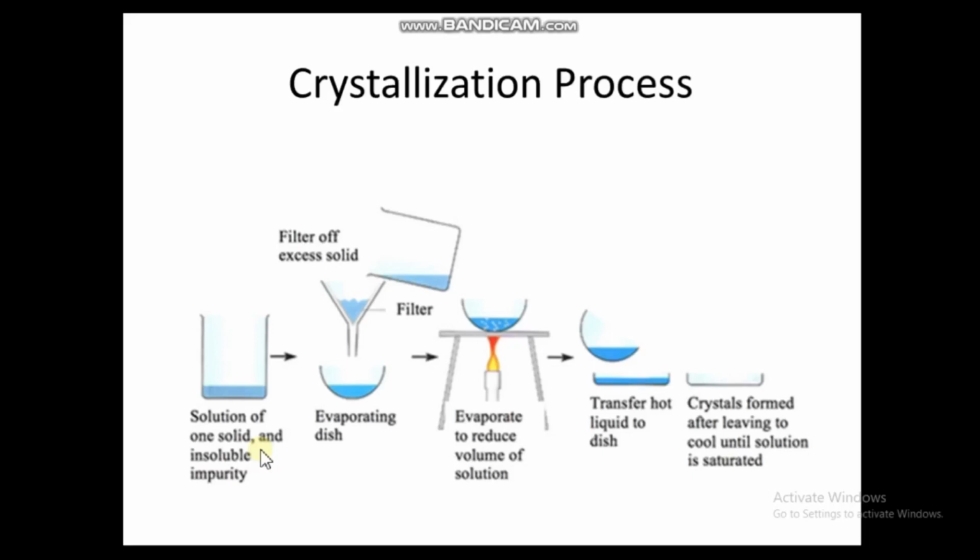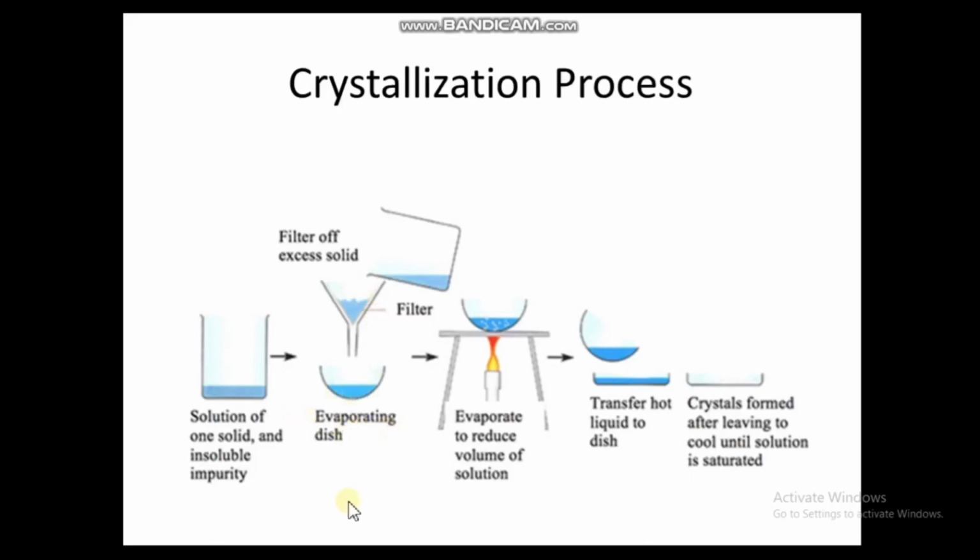Firstly we have to follow some steps. First we filter it with the help of filter paper, and we collect the solution in an evaporating dish, where we evaporate to reduce the volume of the solution.